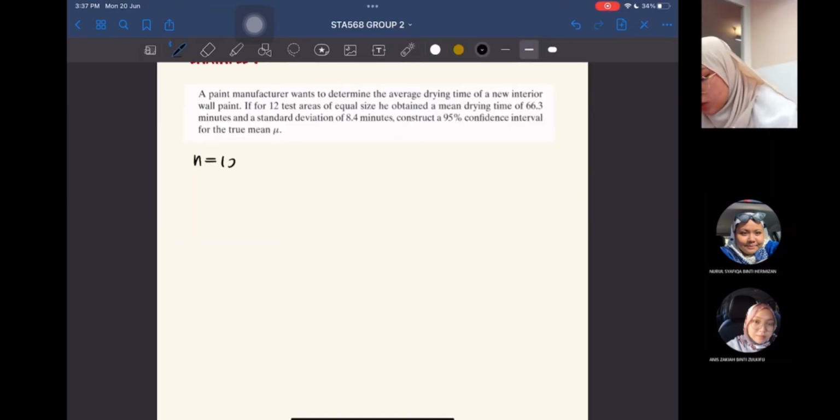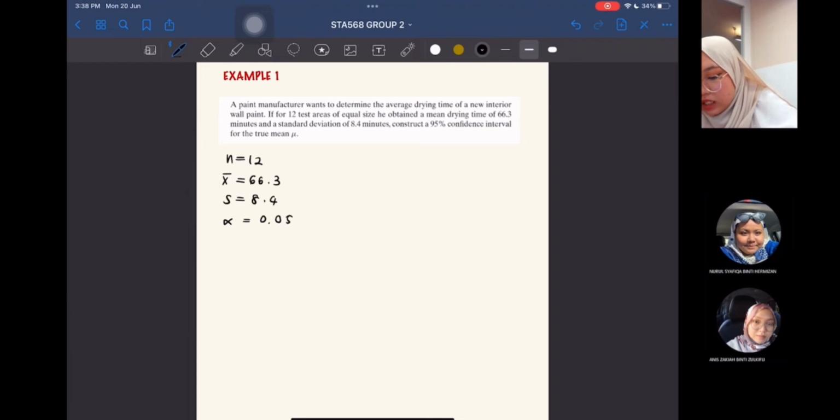Sample size is 12. 66.3 is the sample mean. S is the standard deviation, which is 8.4. And alpha, we use the standard alpha, which is 0.05.